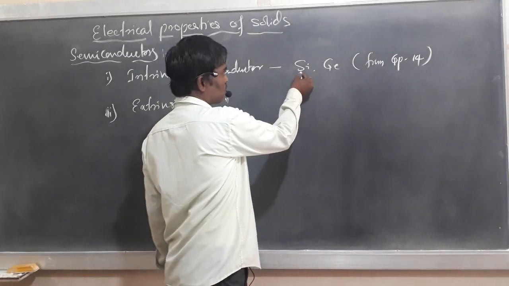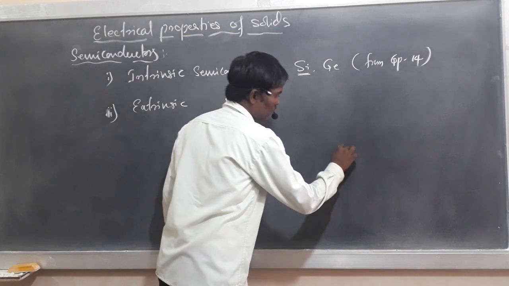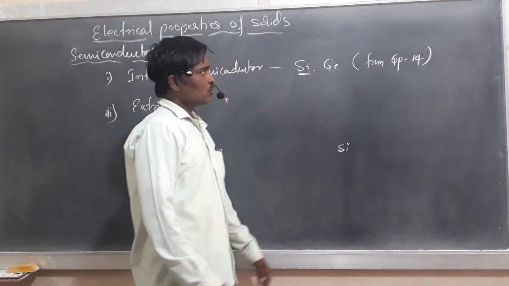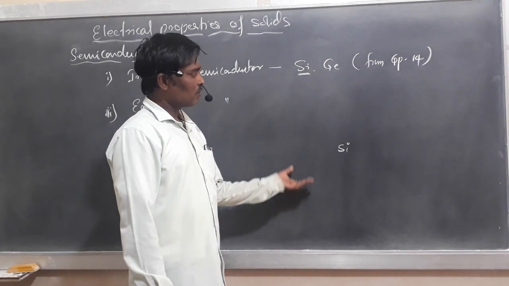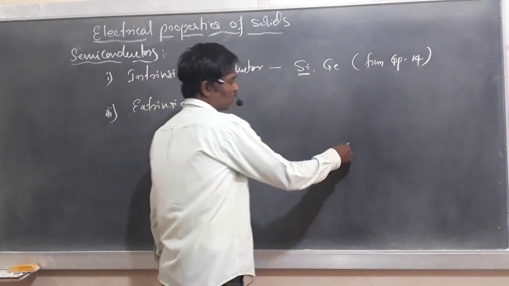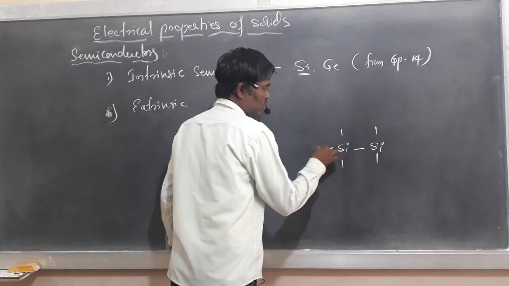See friends, it is because in silicon, let me take this silicon, it belongs to the carbon family. That means it is tetravalent. It contains 4 valence electrons. So each silicon is bonded with another 4 silicons.